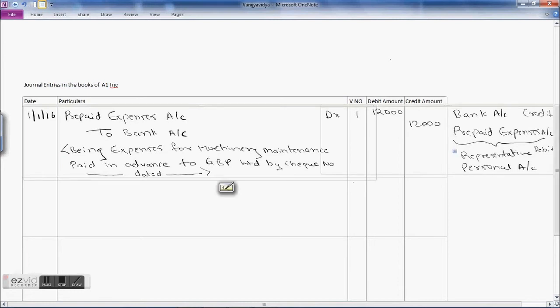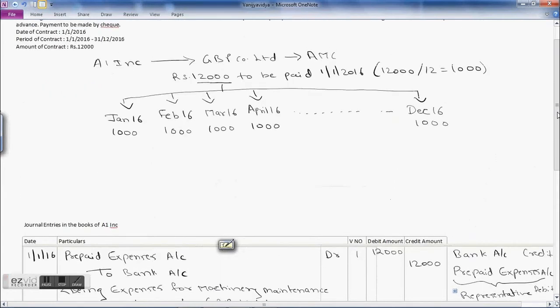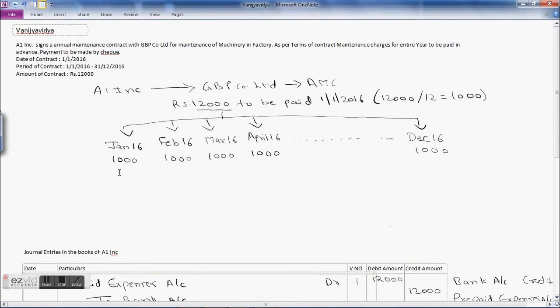Now next, at the end of the month, what will happen? At the end of the month, the GBP Company Limited will come, they will do the maintenance services, right? So at the end of month, rupees 1,000 is due to them, right? We have to pay them rupees 1,000.